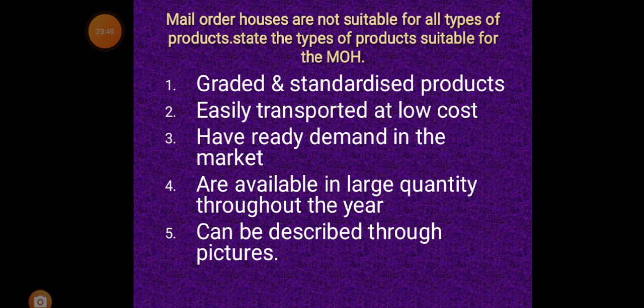If you state these 4 points, you will get 4 marks. First one, graded and standardized product. Second, easily transported at low cost. Third, have ready demand in the market. Fourth, available in large quantity throughout the area. Fifth, can be described through pictures.